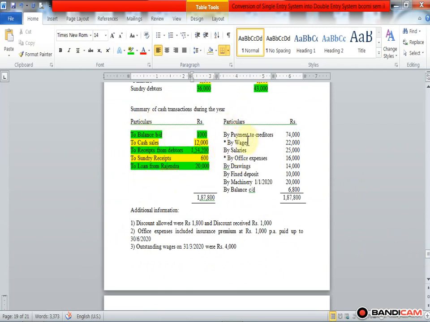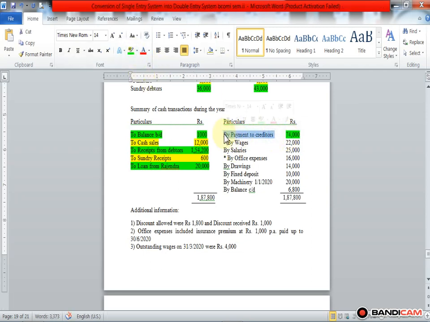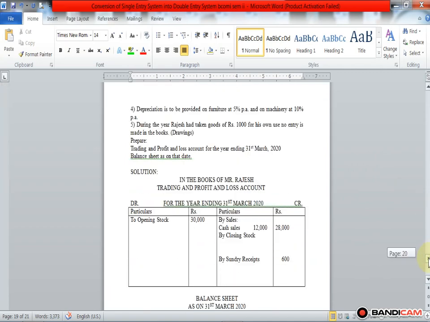Now we transfer all the payment side to the respective accounts. So here, creditors or payment to creditors, it means one effect is on the credit side of the cash book, or payment side of the cash book. The second effect is on the debit side of the creditors account.